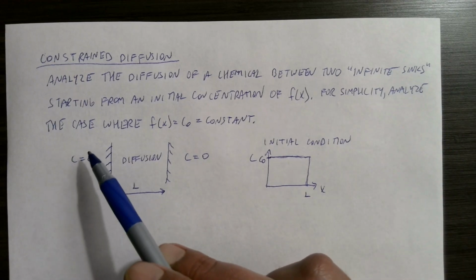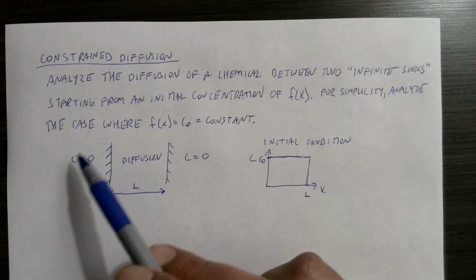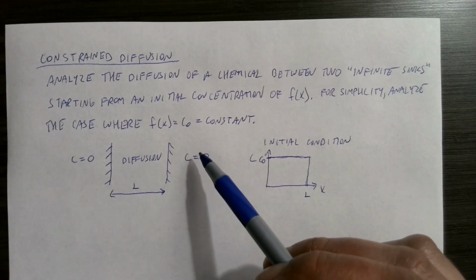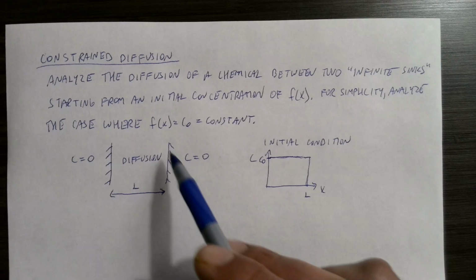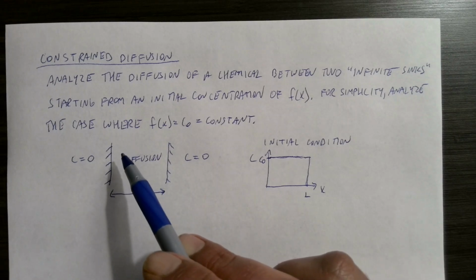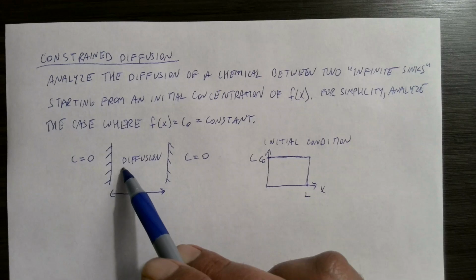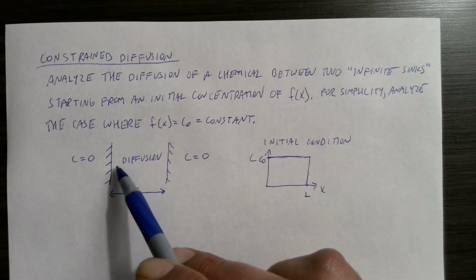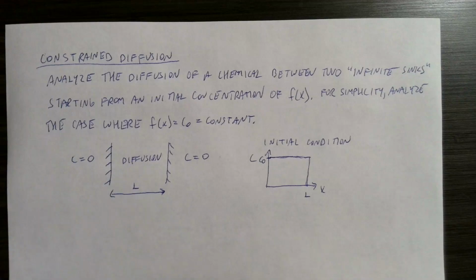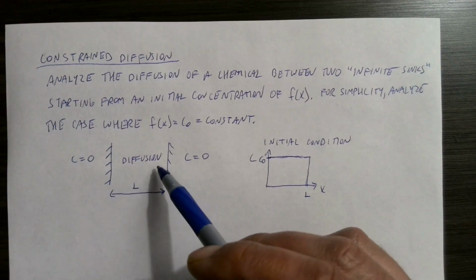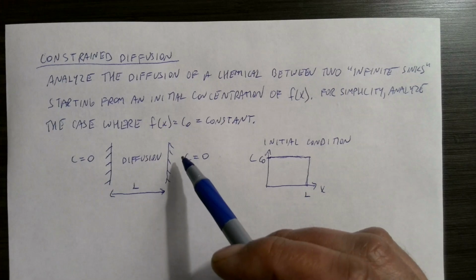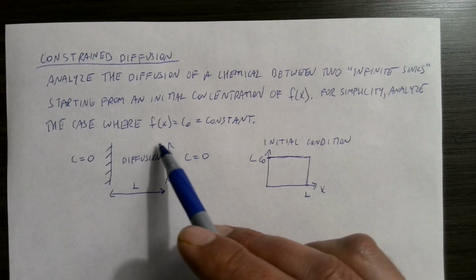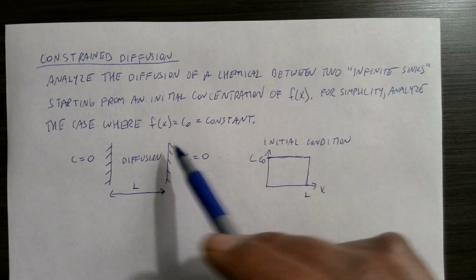That is, it's going to stay at a concentration of 0 at all times, and over here it will also have an infinite sink. Then we have some mass of this chemical in here, and over time, any molecules that leave here and hit this one instantly get diluted down to 0, and they're sort of escaping from the system, and likewise on this side.